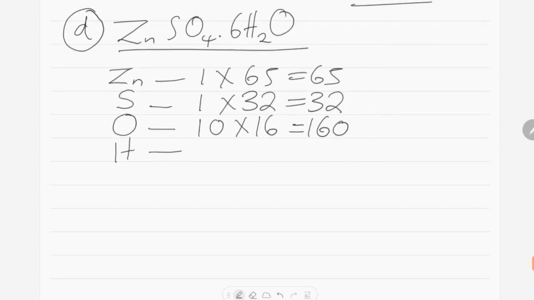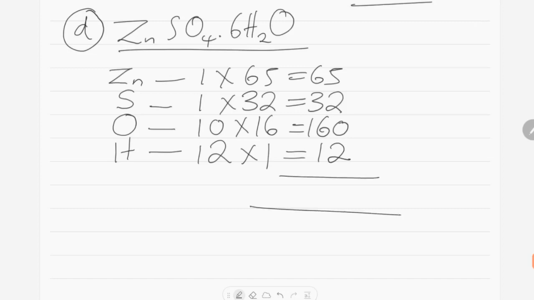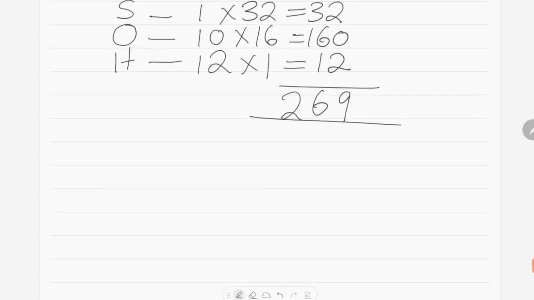Hydrogen, it would be 12 times the molar mass, which is 1, giving us 12. So we add and get a total of 269 as the molar mass for the zinc sulfate crystals.